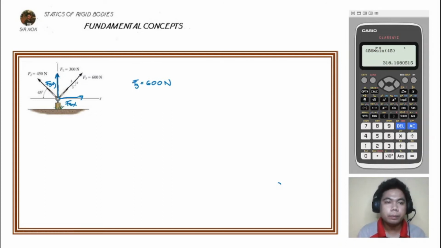So let's do it. We have the triangle formed by the components, F3x and F3y, and the force F3, and the small slope triangle, 3, 4, 5.